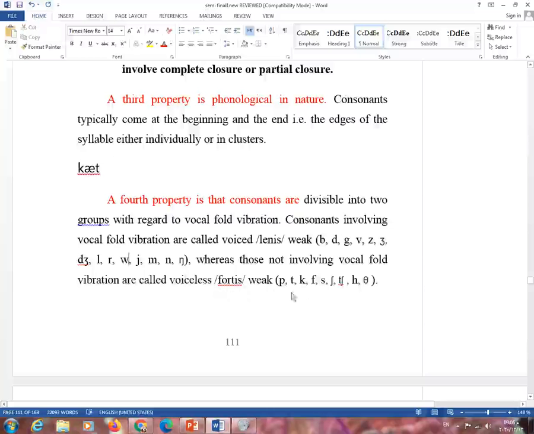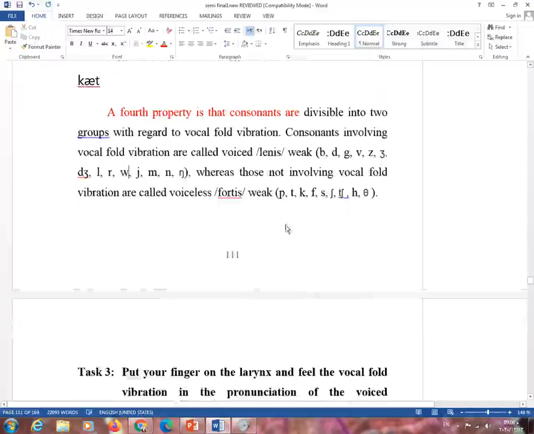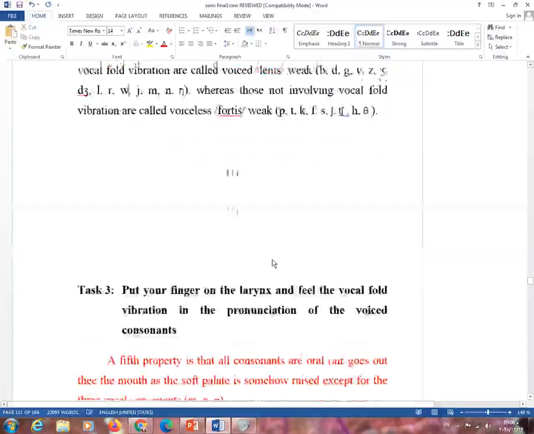In English, there are nine voiceless consonants, and they are, as you see, p, t, k, f, s, sh, ch, h, th. They are just mere noise, not regular voice.